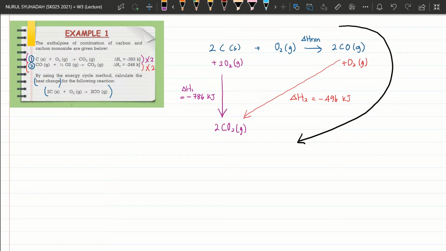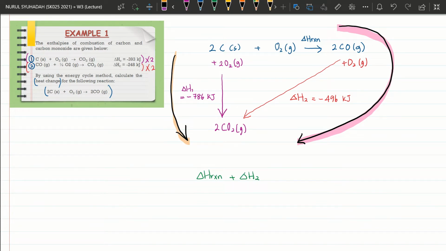This part follows clockwise, meaning it will be on the same side, so I put it down here: delta H reaction plus delta H2. And then the anti-clockwise, this one. As you can see, we only have delta H1. So delta H reaction plus delta H2 equals delta H1.